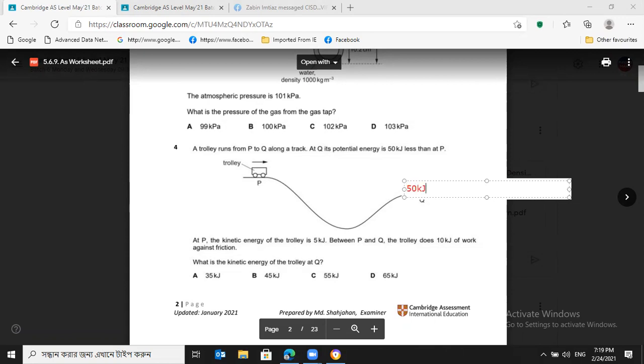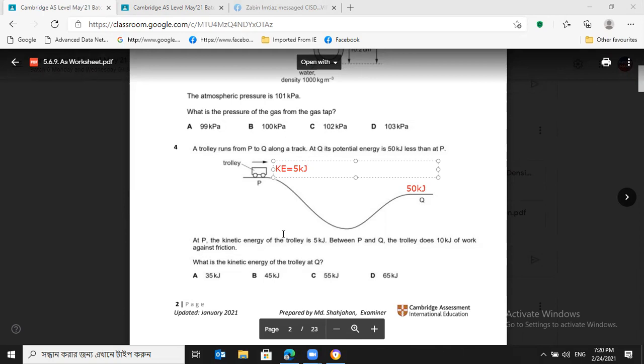This information is given first. At P, the kinetic energy of the trolley is 5 kilojoules. So we have here 5 kilojoules. That is KE, right? We write here KE, 5 kilojoules, right?